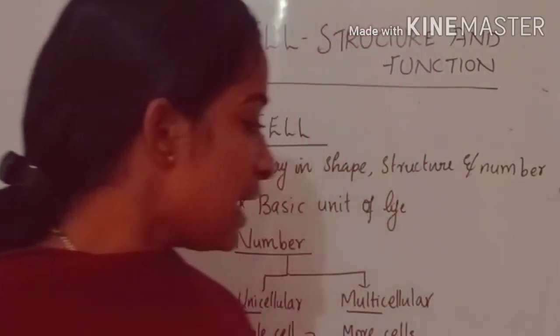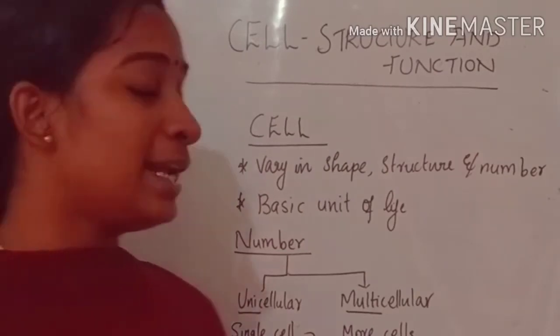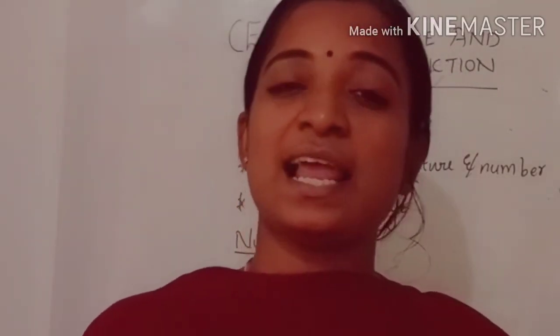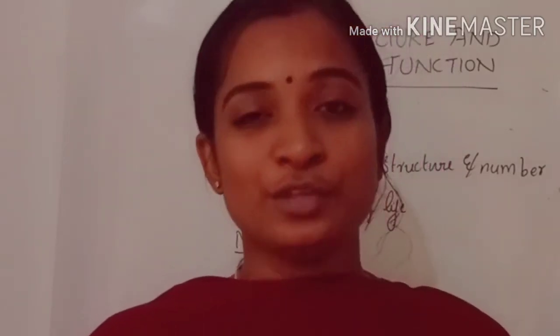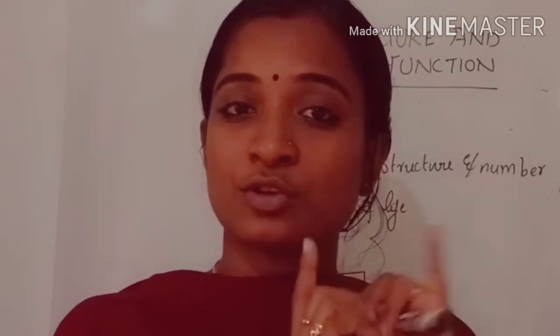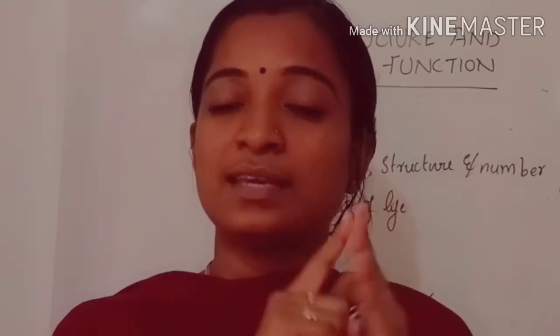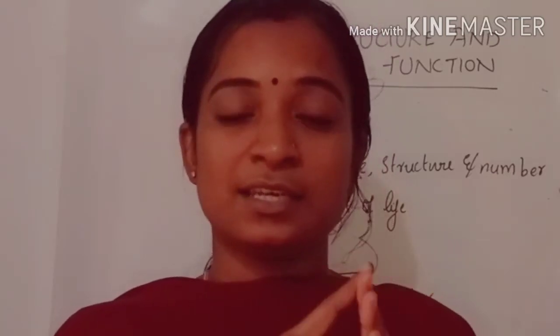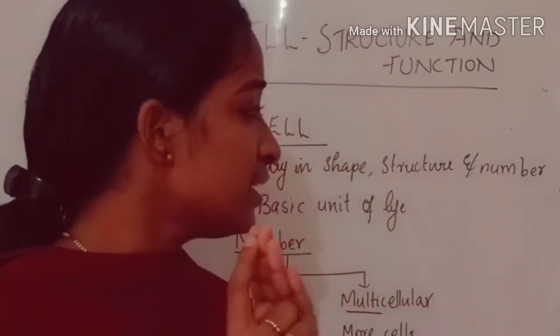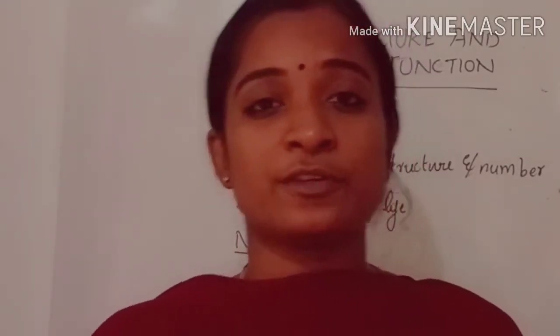That's why I told you that cells are the basic structural and functional unit of life. Don't forget, who discovered the cell? Robert Hooke in 1665, using a magnifying lens, in cork.